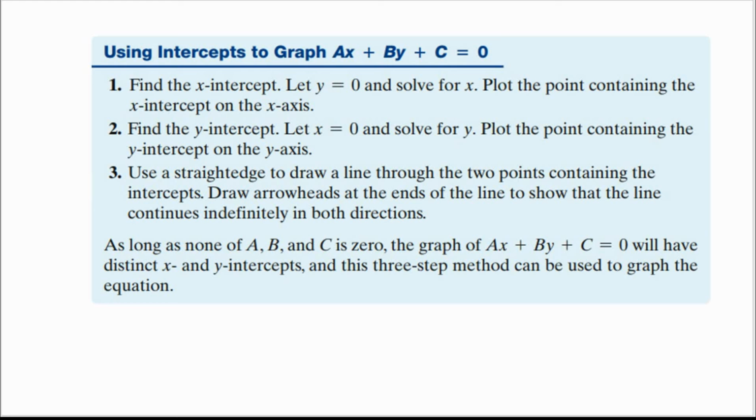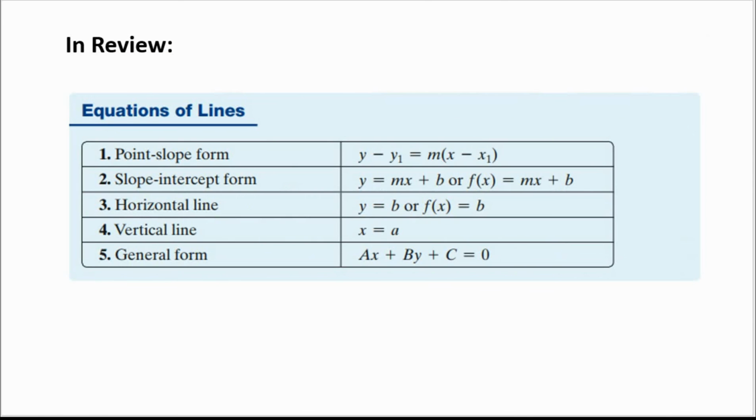Once you find those 2 points, the x-intercept, that's where the graph crosses the x-axis, and then the y-intercept, that's where the graph crosses the y-axis, just connect those 2 points with a straight line, and you have the graph of that particular line. Just in review, the equations that we've talked about so far. Well, let's look at a problem.